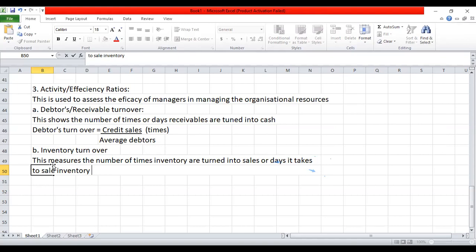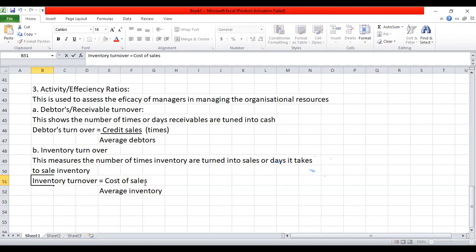So in this case, when we're computing the inventory turnover, it is cost of sales over average inventory. So you can convert the formula and make it in days.